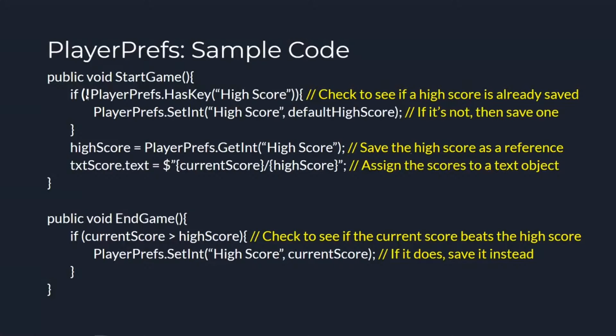If we don't already have a key called high score, that's what this code is doing, then we should go ahead and create one, PlayerPrefs.SetInt high score, and give it some default high score. If we didn't want to do that, another thing we could have done is said high score, and we would do this part to get the high score. We would say high score equals PlayerPrefs.GetInt high score, comma, default high score. We could have done away with this part and just used this for that piece as well.